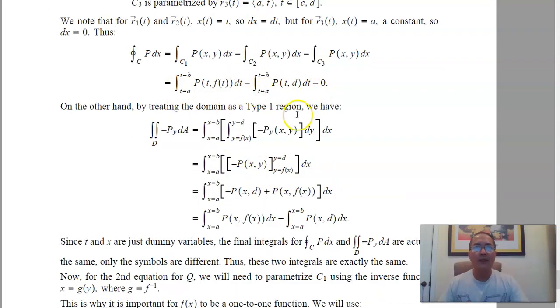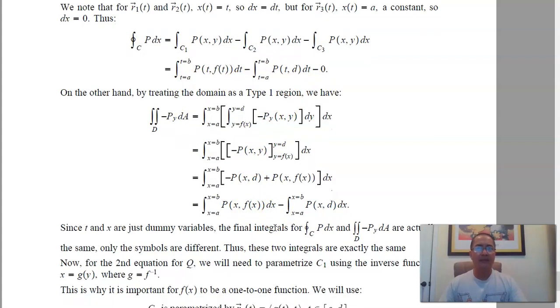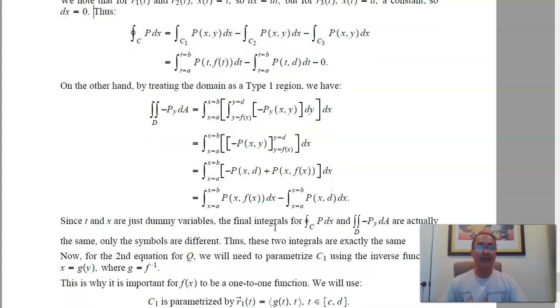So are these two really different? I see an f of t, f of x, dt, dx. Oh, wait a minute. If you just change all the x's to t's, or the t's to x's, you'll get the same thing. And remember, back in basic calculus, that's because we call them dummy variables.